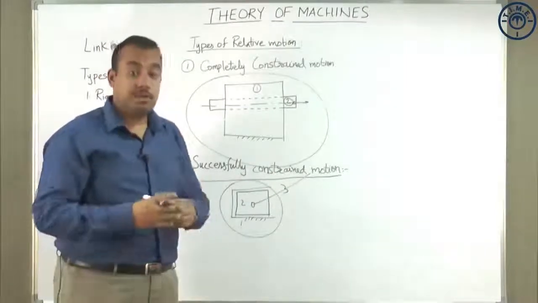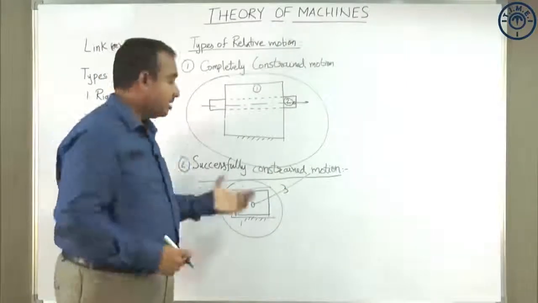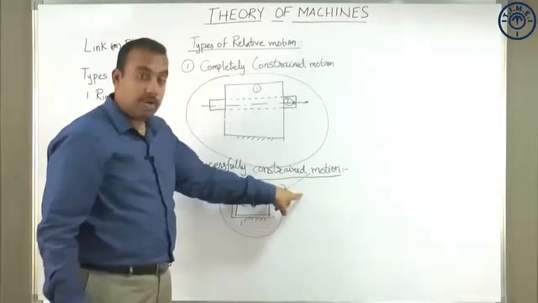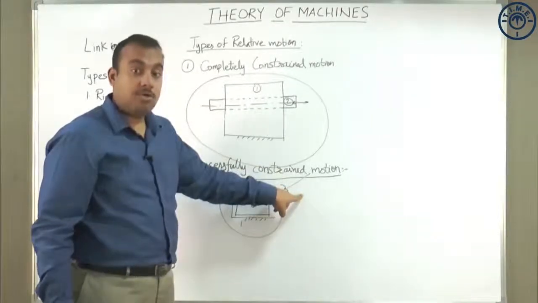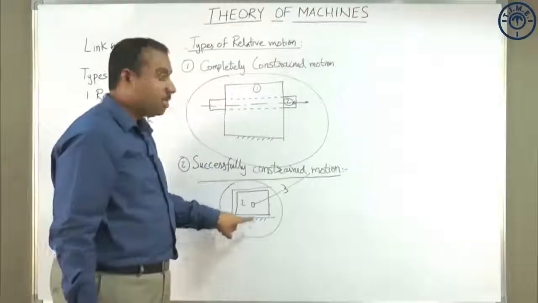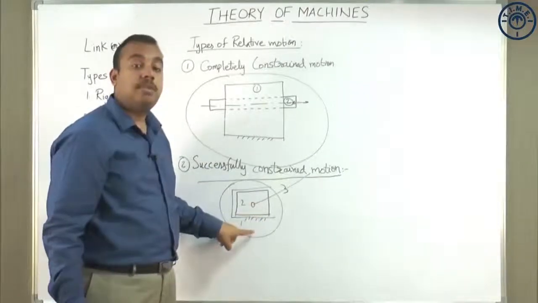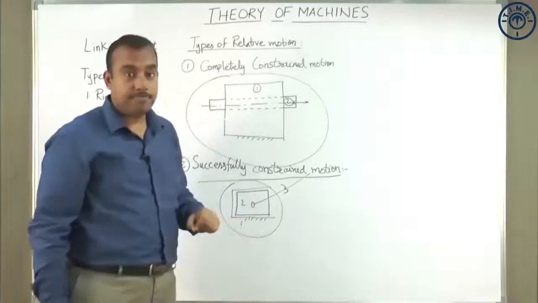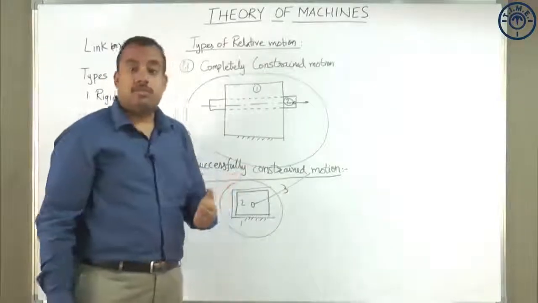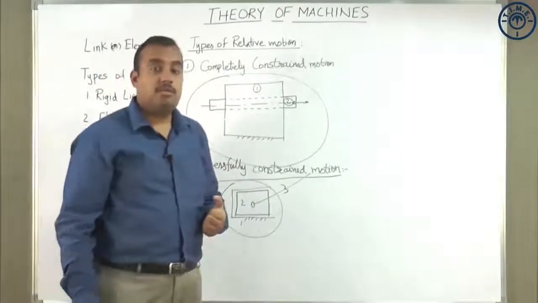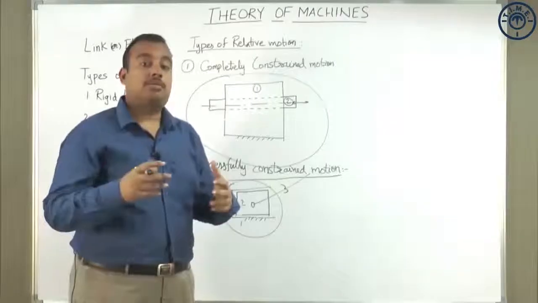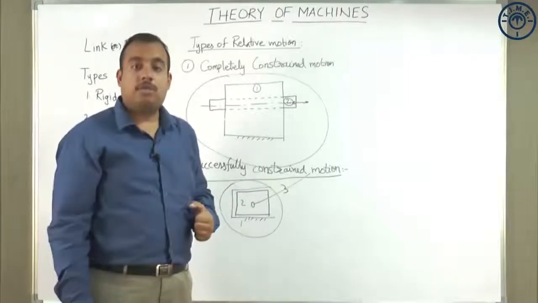We are getting a constrained motion, and here due to the surroundings, which is the connecting rod, the relative motion between the two links of the system is getting constrained. That is called successfully constrained motion, where the surroundings constrain the relative motion between the two links of a system.